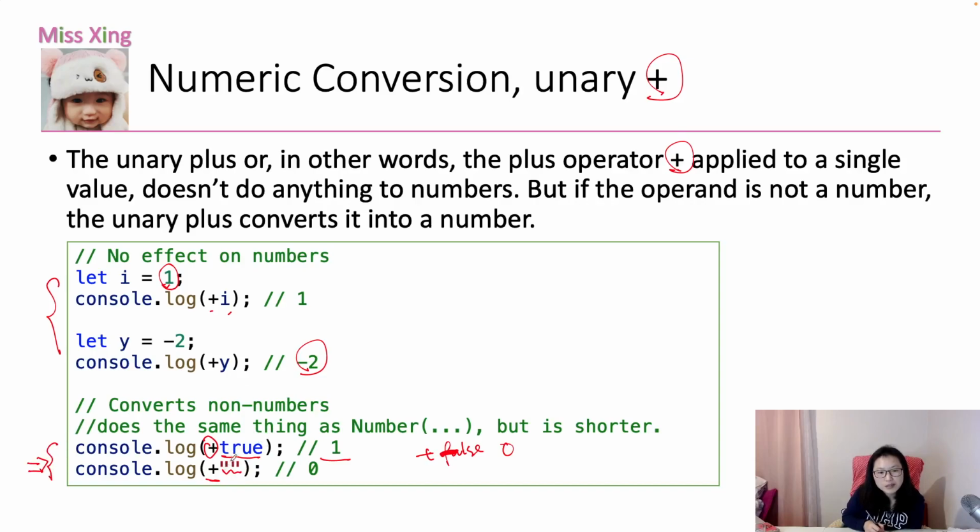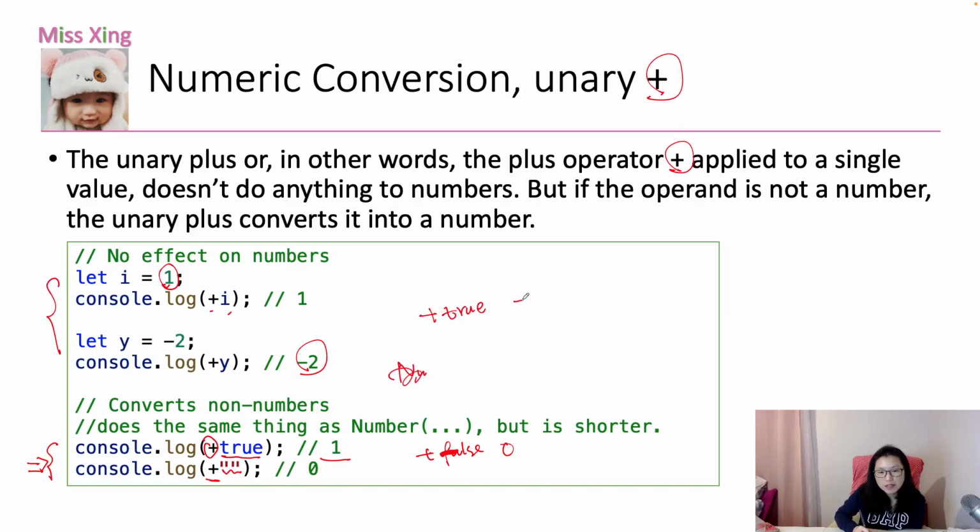I never used this one before, but if you want to use it, you can. It's just a simple shorthand to convert anything else into a number. And this is the same as directly doing Number. Let me write it clearly for you.